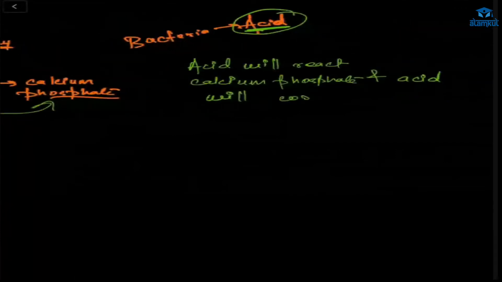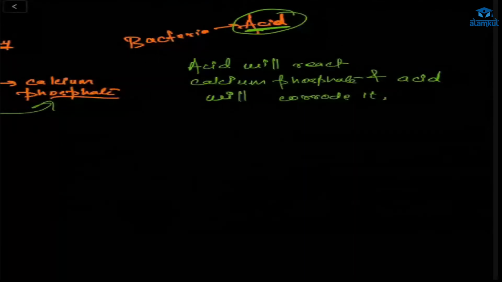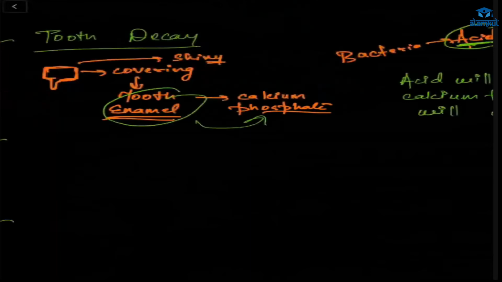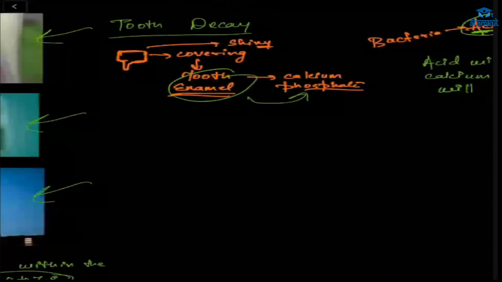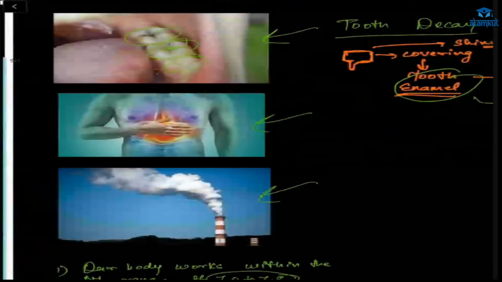So what will happen? The layer which was there will be gone. This shiny part will be gone, and you will be left with this blackish thing, because now the bacteria start eating the food which is deep inside.